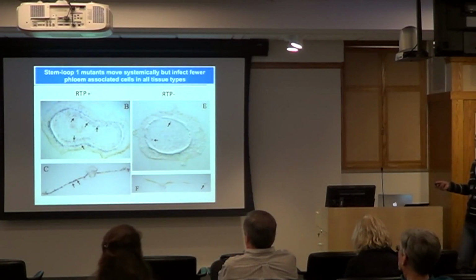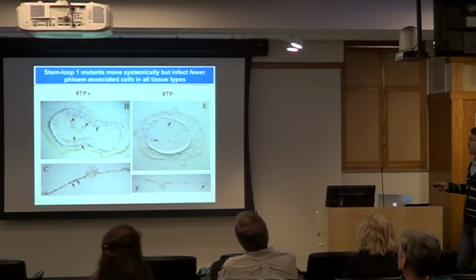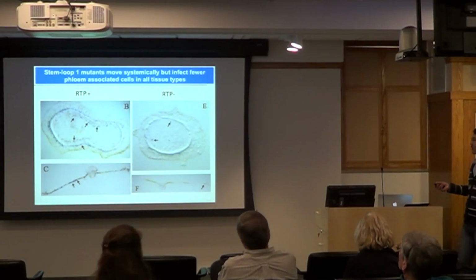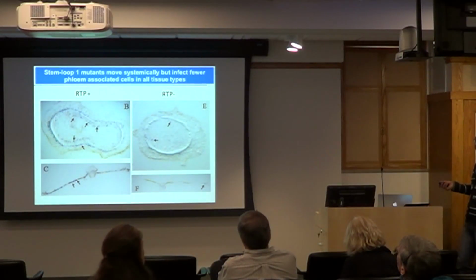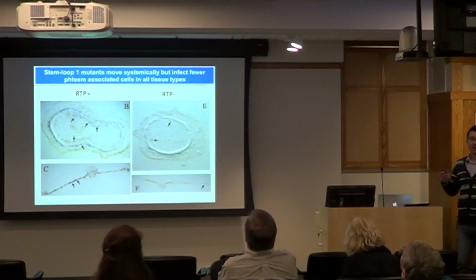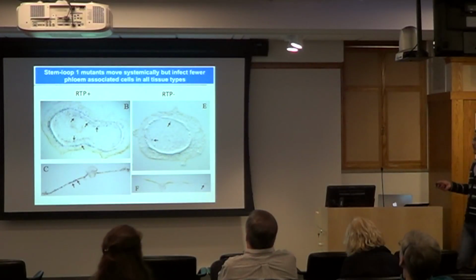However, without RTP expression, the virus is present, but the infection foci are very limited, indicating that the RTP protein had some role in the cell-to-cell movement of the virus.